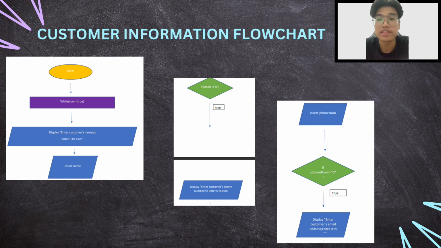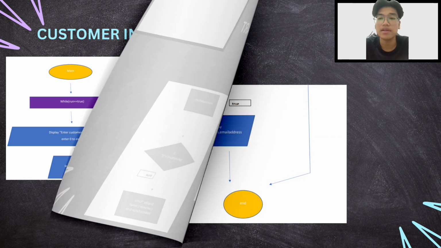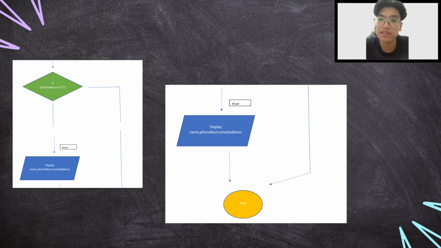Okay, so we insert phone number, and if phone number is not equal to 0, which is the statement is also true, so we will ask the customer to enter the email address, or enter 0 to exit, and then insert email address.